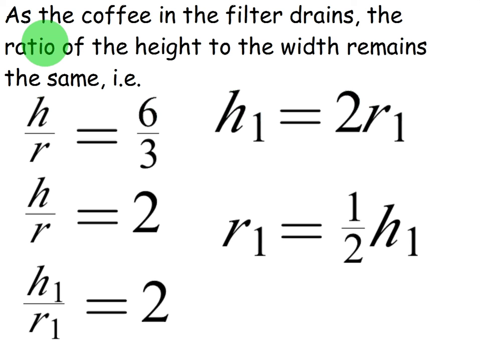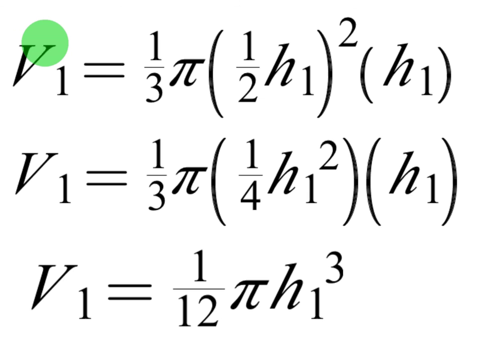Okay? So this is just using similar shapes as we talked about before. R1 is just going to be half of H1, and H1 is just 5, so R1 is going to be 2.5.